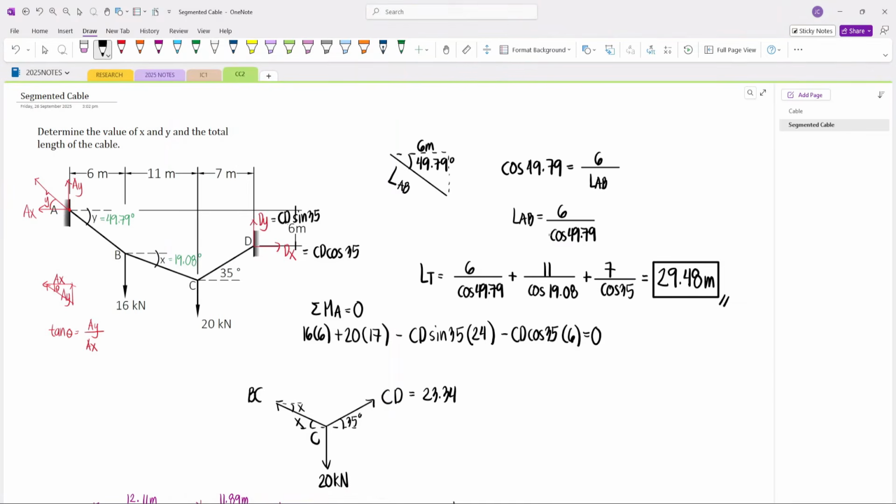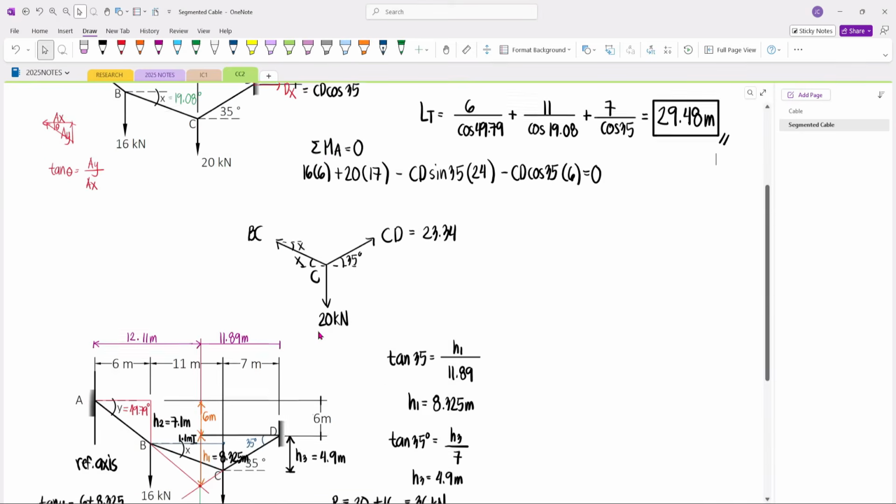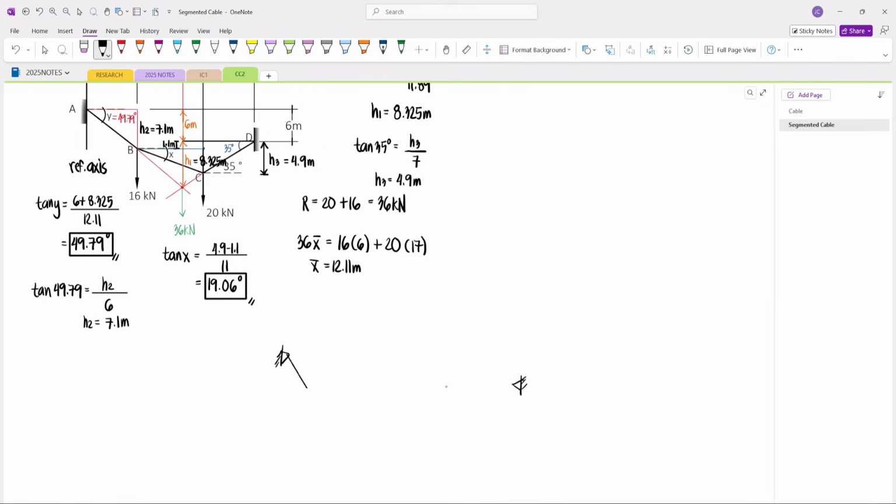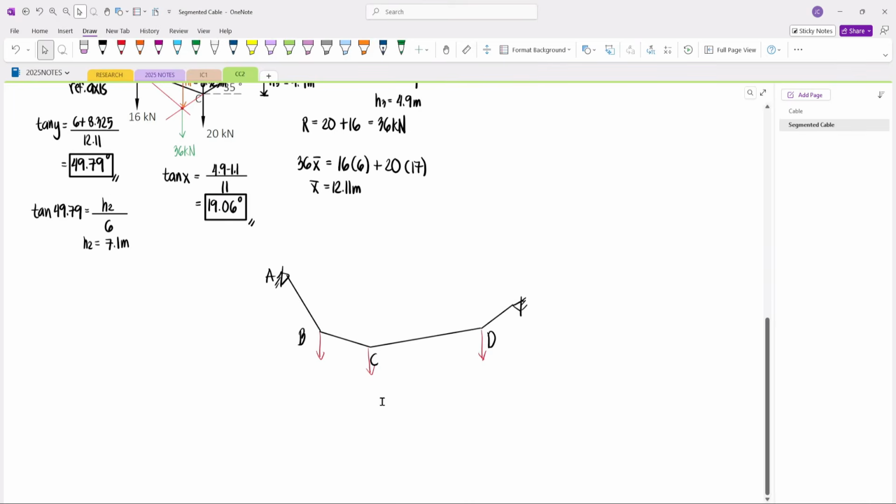Ayan. So, again, yung additional concept natin ngayon is Varignon's theorem. Then, take note na you can apply this for any segmented cable. For example, so kapag ganito yung configuration, still the same, you can apply Varignon's theorem, locate the resultant from a reference axis. Then, for example, yung nakuha mong resultant is andito.